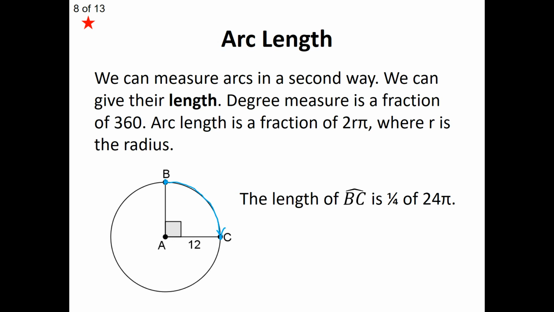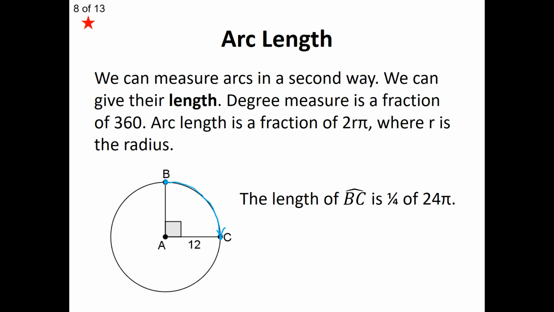Now, the text above is doing a little bit of foreshadowing for us in preparation for what we're going to call the fundamental proportion. This fundamental proportion is going to relate the measure of the arc to its length. So the sentence I want to read to you says, degree measure is a fraction of 360.